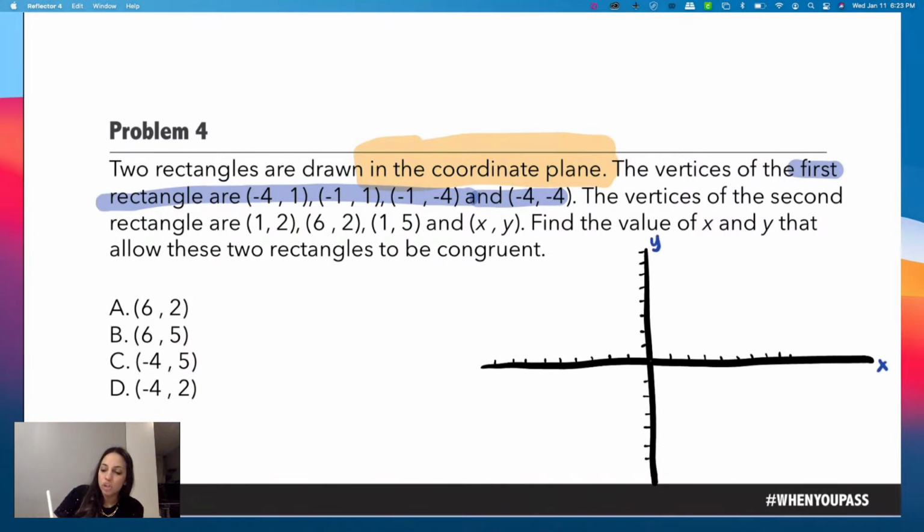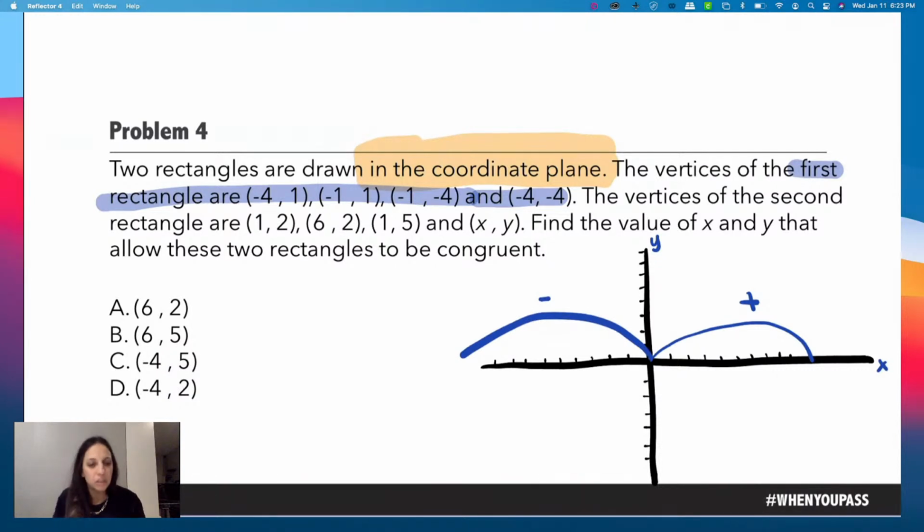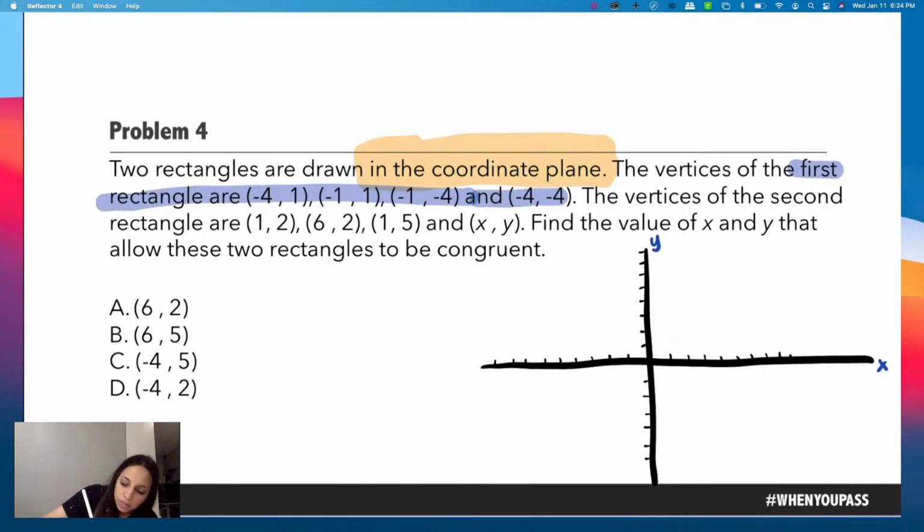This way is positive, this way is negative, because that's how a number line operates. I go right to go positive, left to go negative, down negative, up positive. I always do the X before the Y because the X is first in the alphabet.